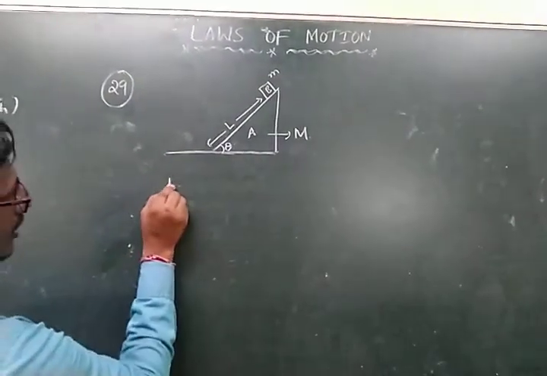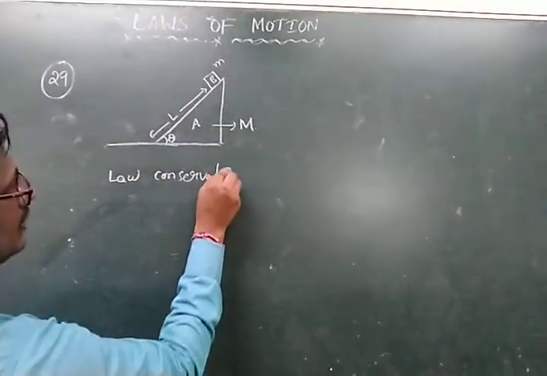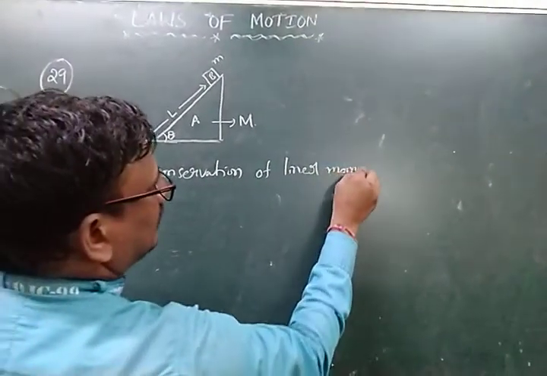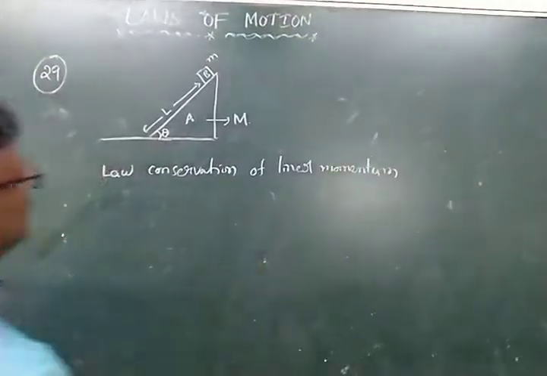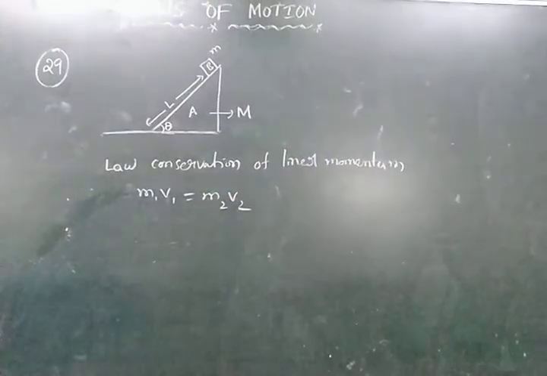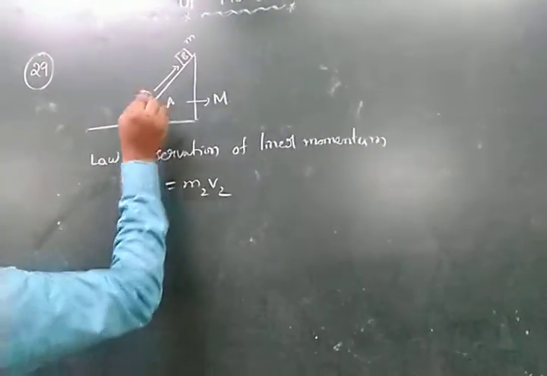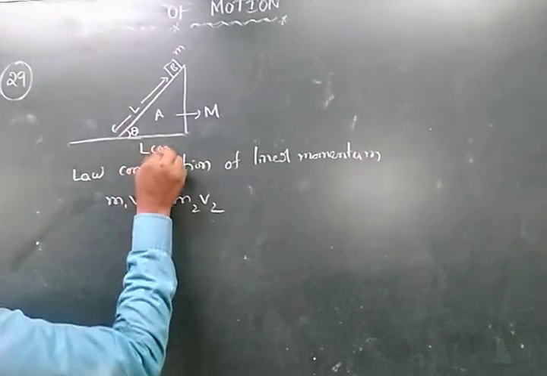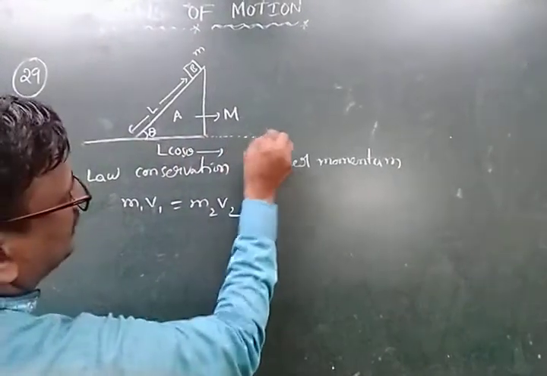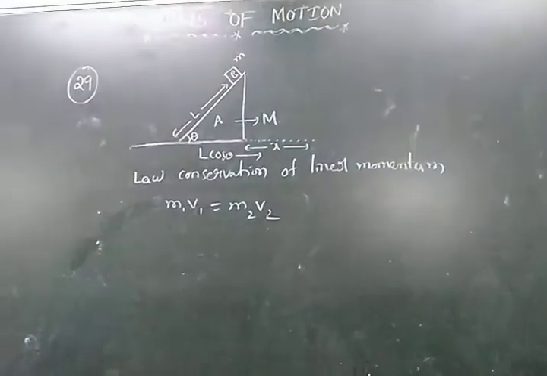Applying the law of conservation of linear momentum, m1 v1 is equal to m2 v2. L can be resolved into two rectangular components, L cos theta along this direction, and the wedge moves, with x as its displacement.